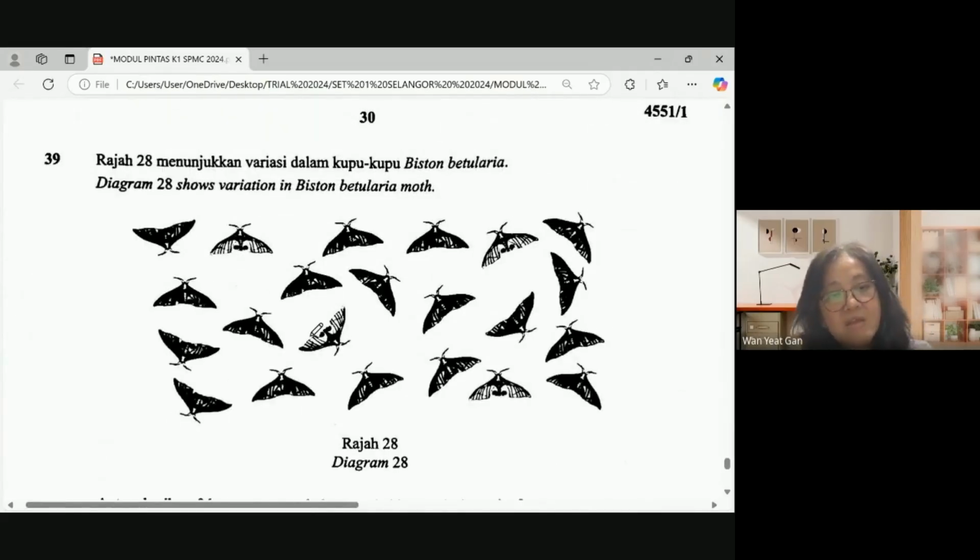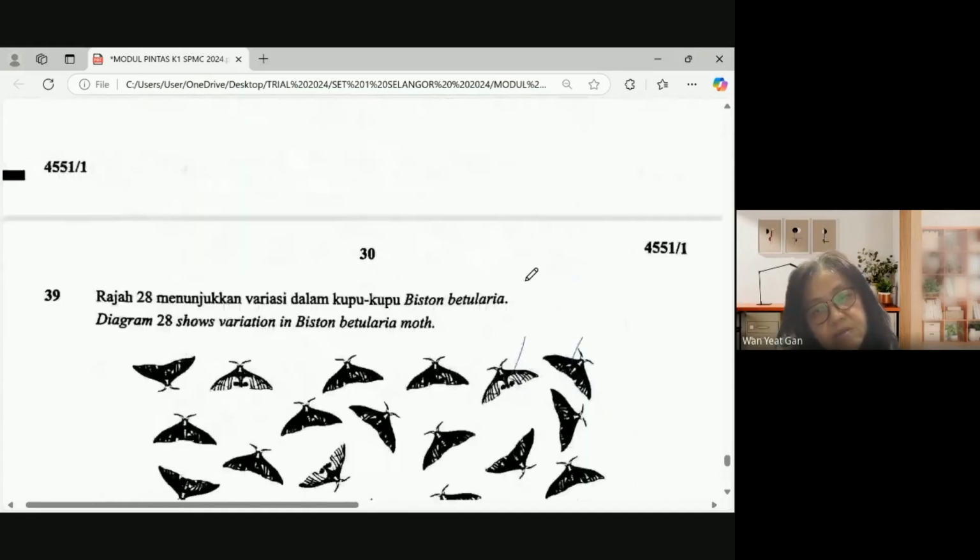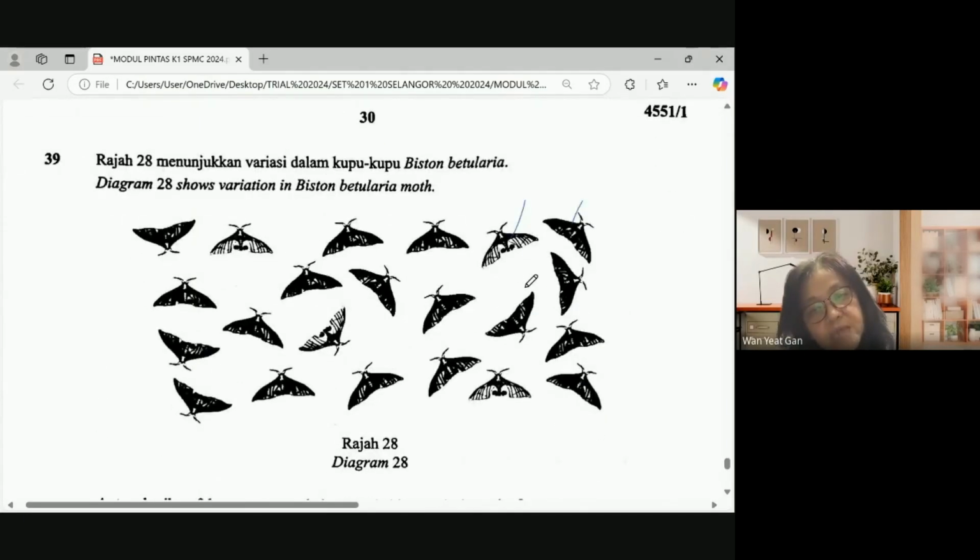Diagram 28 shows variation in Biston betularia morph. Biston betularia morph, there are two types. One is dark, the other one is gray. The factors that cause this variation are environmental and genetic factors. When the environment turns dark because of polluted air, the dark ones are favored so that they camouflage with the surrounding background, so they are less likely to be eaten by predators.